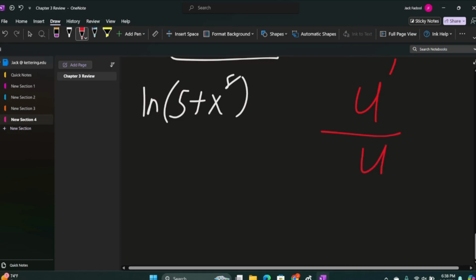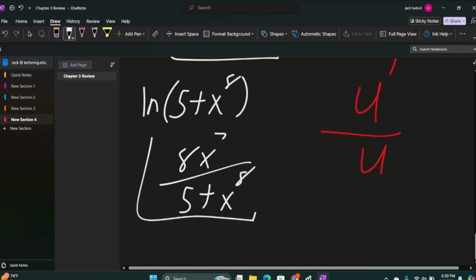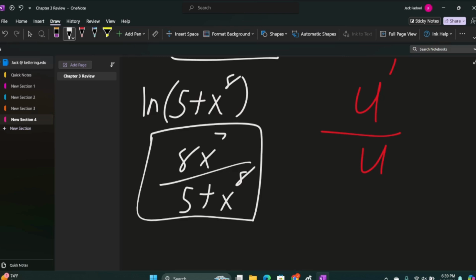So it's just the derivative over the original. So it's just 8x to the 7th all over 5 plus x to the 8th. Pretty simple, pretty easy, not too bad.